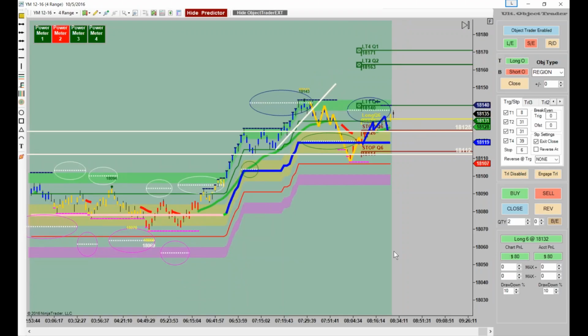Everybody see that? And then I'm going to show you, let's say that we get a thrust. Yeah, you'd want to get in right at that line. What I did when I just fired that order, that's not the smartest way to do that. The only reason that I did that is because I thought, you know what, I know where I'm going to put my stop anyway, so I'm not afraid of the trade.